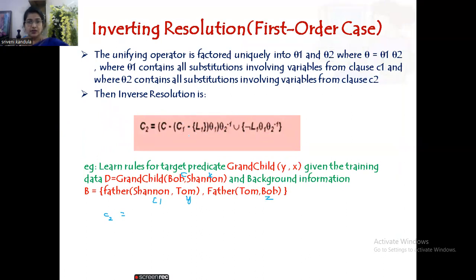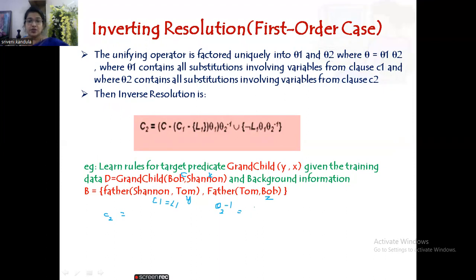C1 and L1 we have taken as one and the same, that is father of Shannon is our C1, and the same thing is our L1. When I subtract, this is becoming null, and this has to be subtracted from the conclusion. So my conclusion remains as it is. But I have to take a substitution for theta 2 inverse.